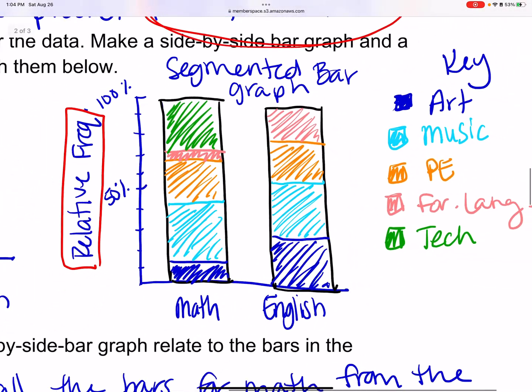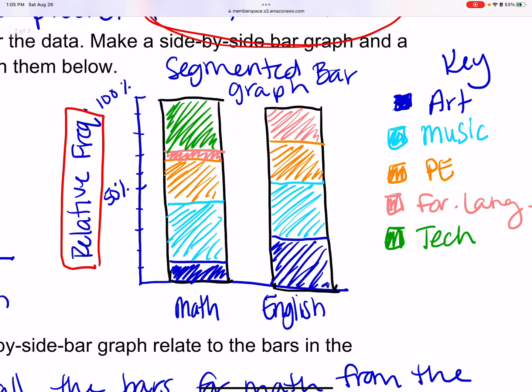Anyway, I just go ahead and use that conditional relative frequency. I basically see what percentage of all the math, and I make a segmented bar graph and have the percentages. Guys, notice I don't really have a super detailed percentage. You don't need that much.